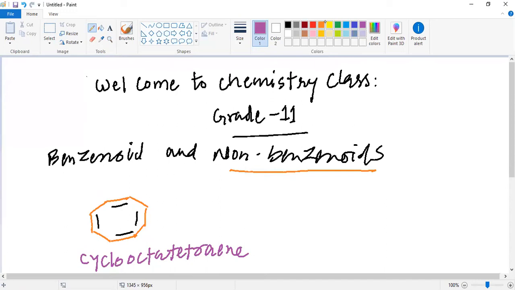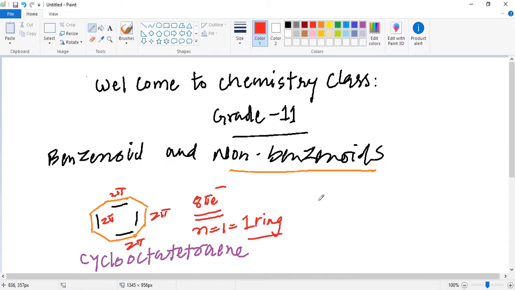In this compound, if we see, we will realize that we have 2 pi, 2 pi, 2 pi, and 2 pi. Total, we have 8 pi electrons. And n is equal to 1 because there is one ring or one cycle. According to Huckel's rule, we need 4n plus 2 pi electrons.